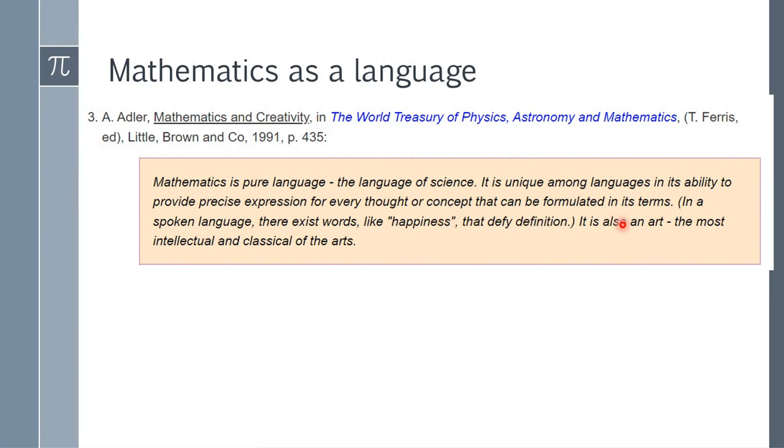In a spoken language, there exist words like happiness that defy definition. It is also an art, the most intellectual and classical of the arts. So very beautiful. These are coming from the experts, how they view mathematics as a language.